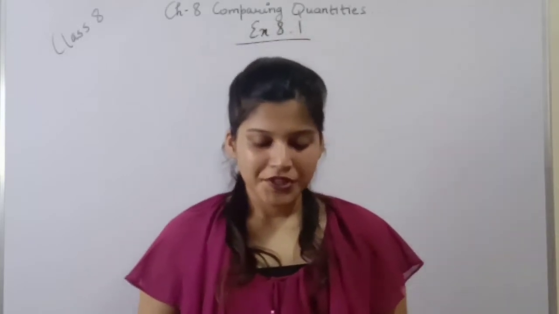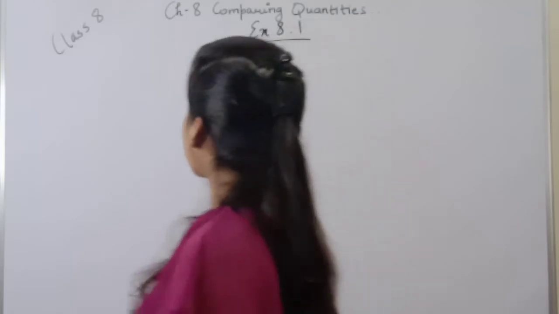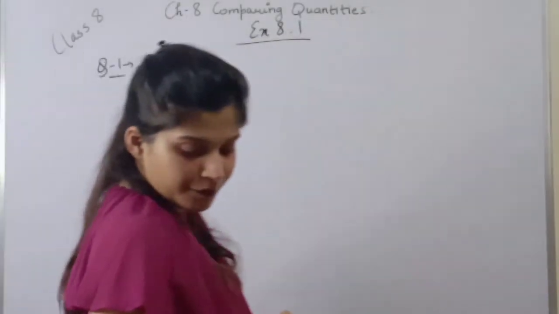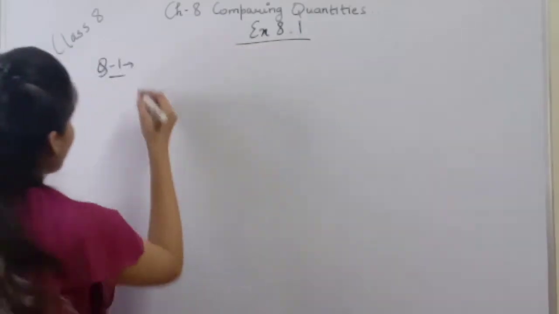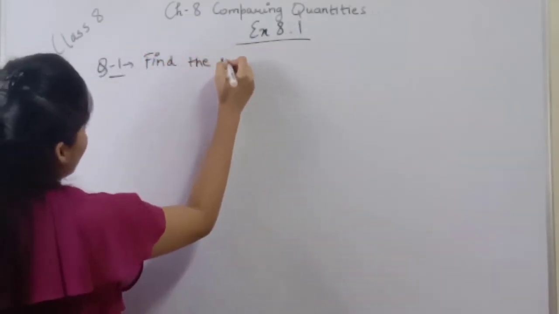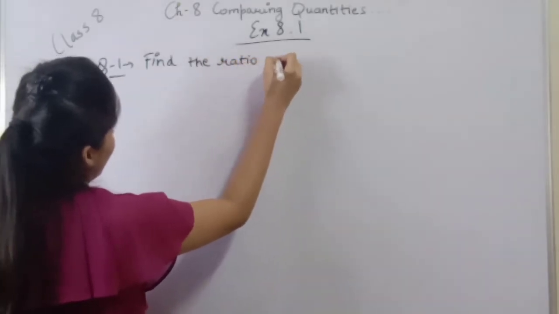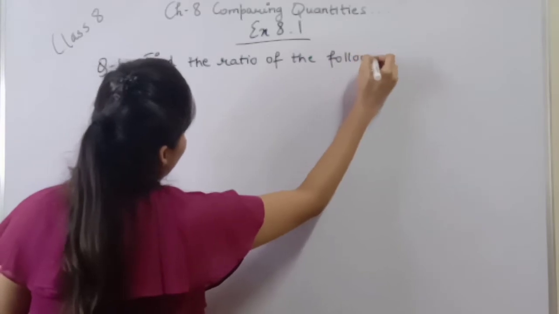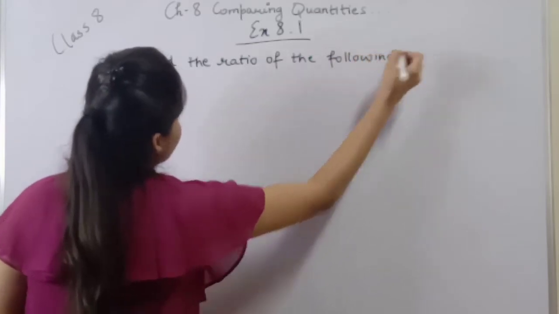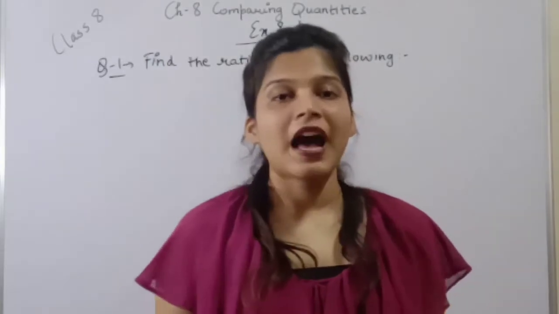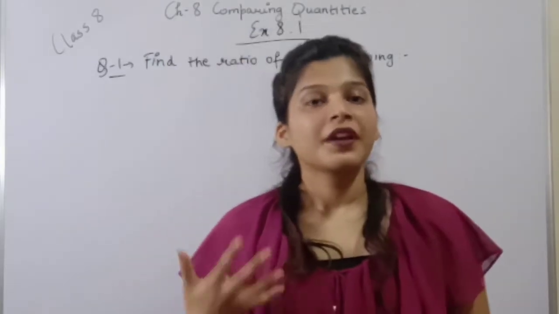Exercise 8.1, question number 1 is find the ratio of the following. So we are given certain statements and we have to convert them into ratios.